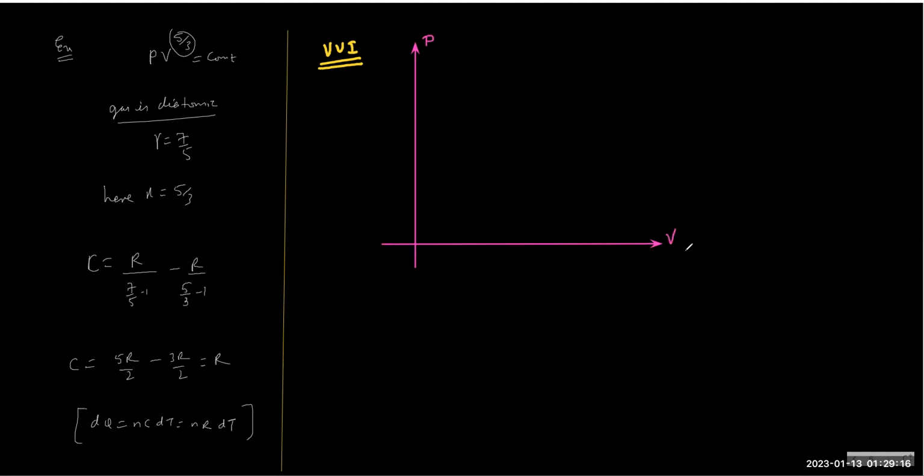So let's say I give you a PV graph and I plot a graph like this. Tell me which process you can correlate with. Is it isobaric, isochoric, adiabatic, or polytropic?